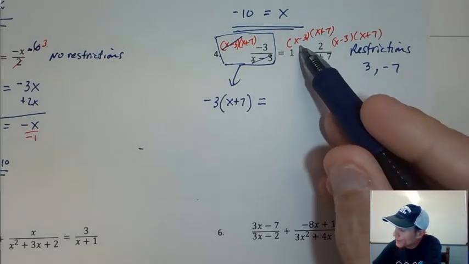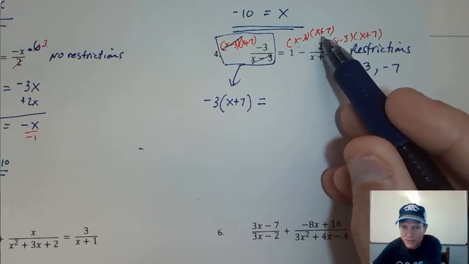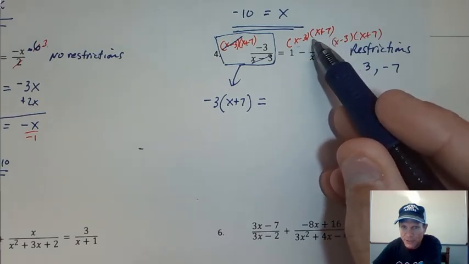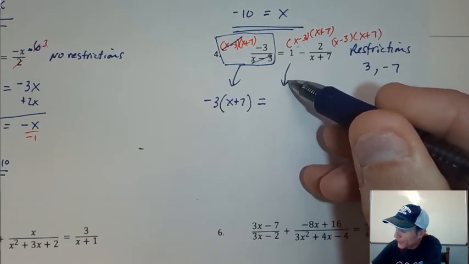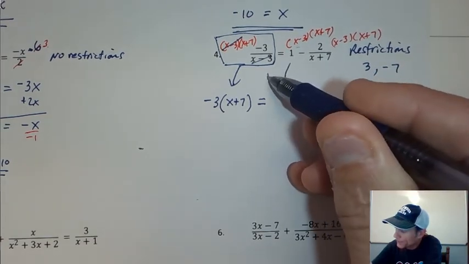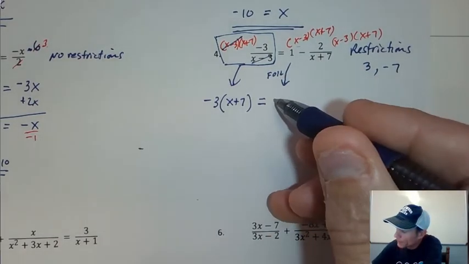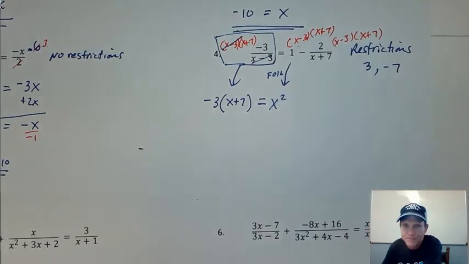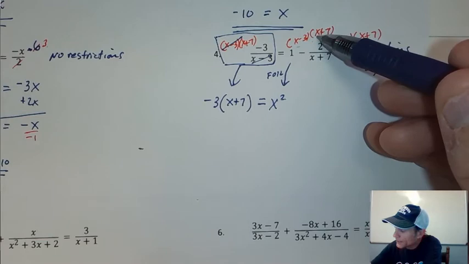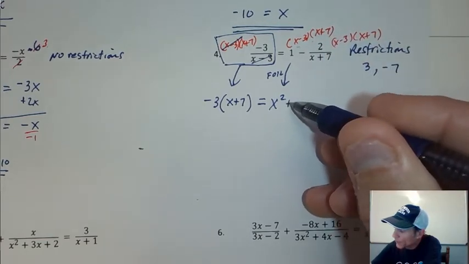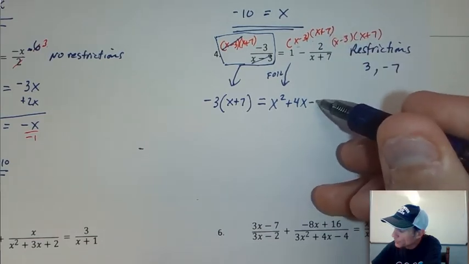In this sector, I have the 1 and then these two binomials that have to be multiplied together, so I can FOIL this. I have x squared. Then outside I have 7x. Inside negative 3x, so that makes 4x. And then negative 3 times 7 is negative 21.